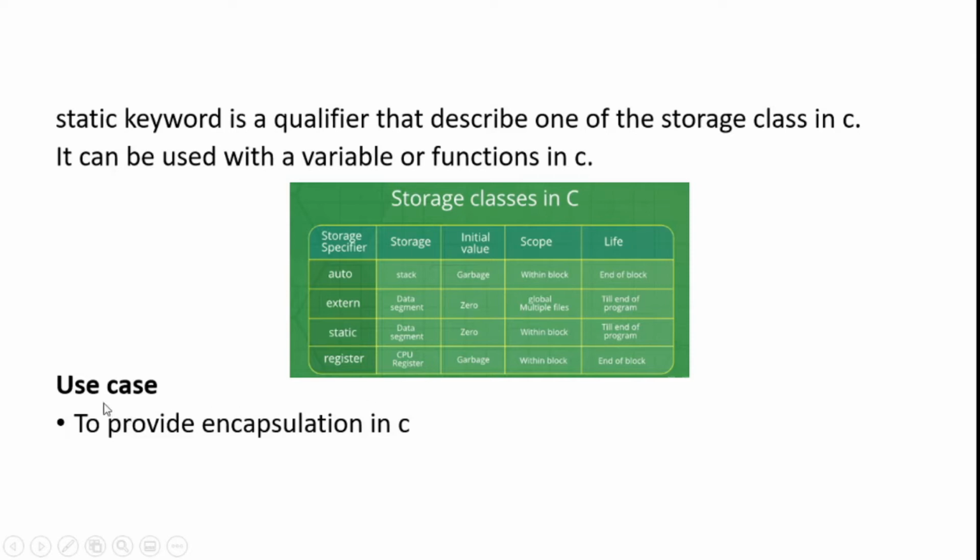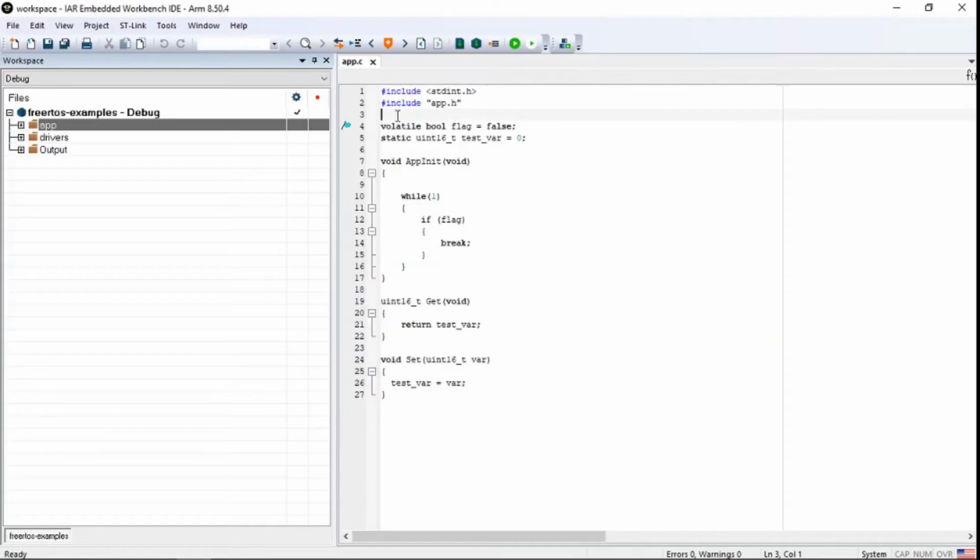One of the use cases of static is that it can provide encapsulation in C. Let us understand with an example. In this example, I have a global variable test_var and I have made it static. It means this variable is not visible to other files.